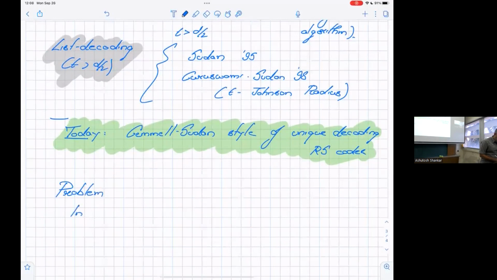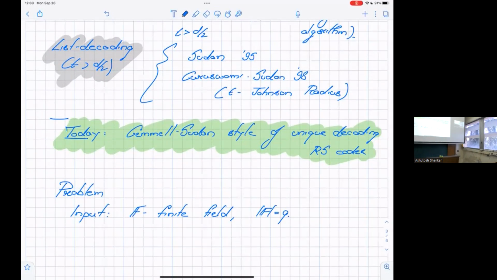The input: I'm going to state it in a more general way. You are given a finite field. By this I mean, if Q is prime, you're just given the proof of primality. If it is non-prime, you're given the proof of primality and an irreducible polynomial.